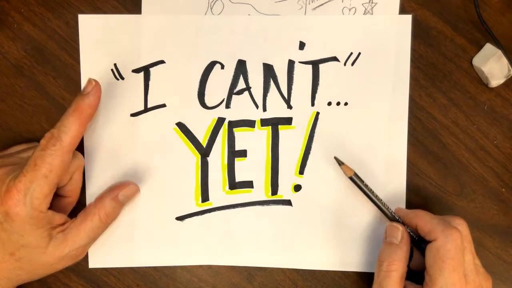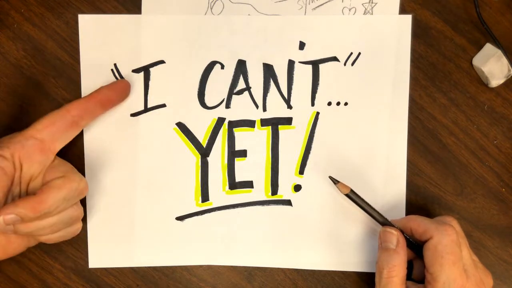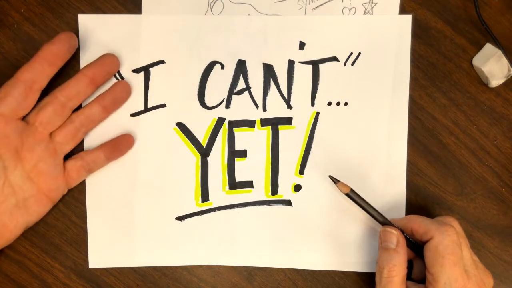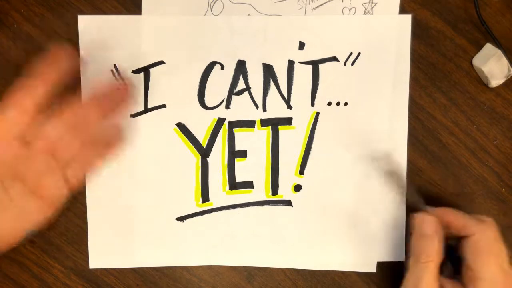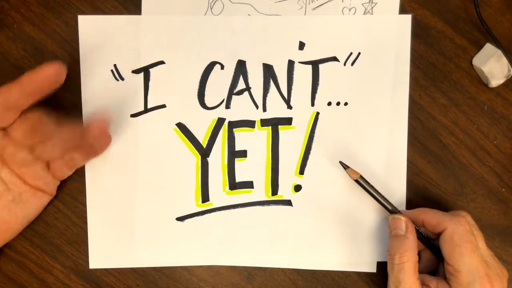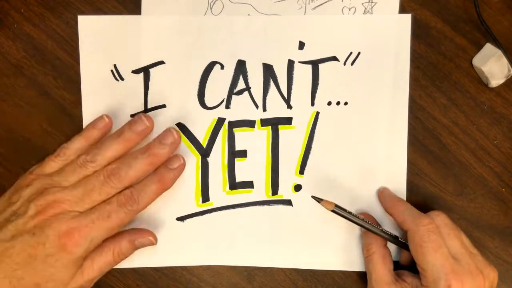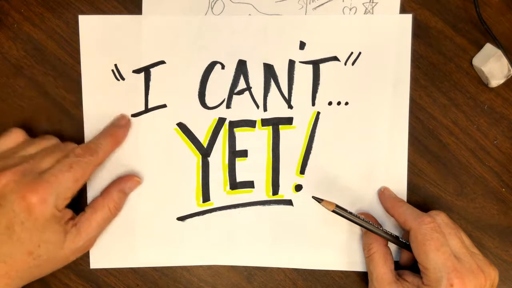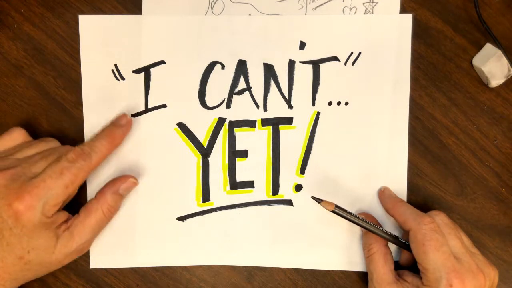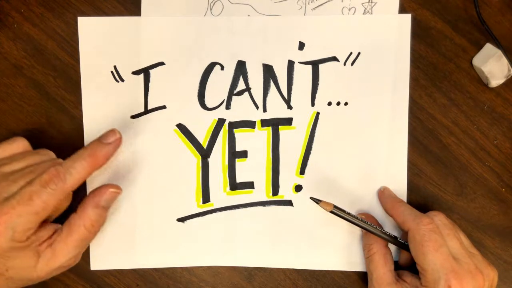Okay? I couldn't walk when I was born. Couldn't talk when I was born. Didn't know what a number was. Didn't know what a color was. Look at me now. Look at all the stuff I learned. If you give up too easy, you're just shorting yourself of that experience. Okay? Mistakes are experience.